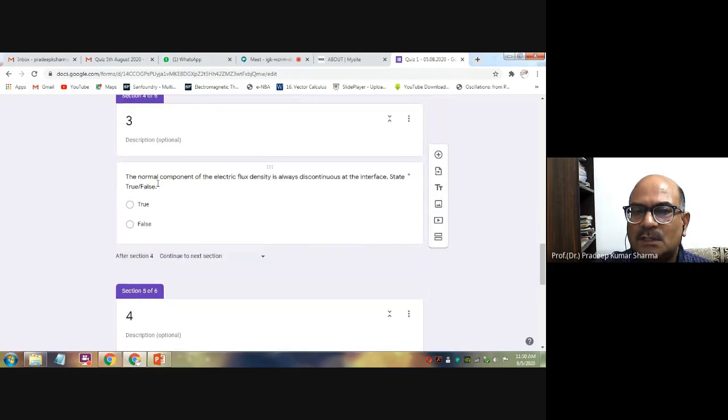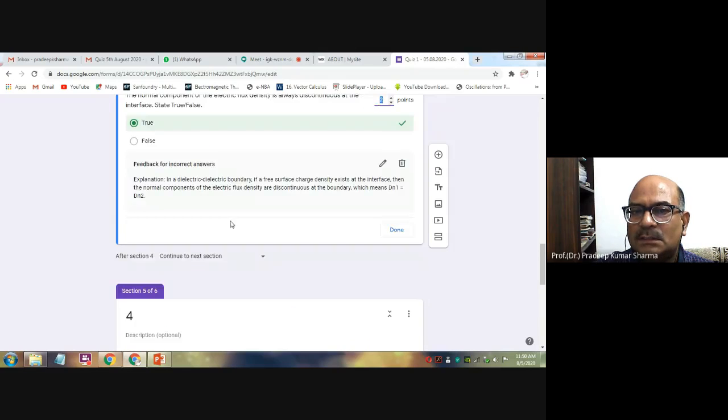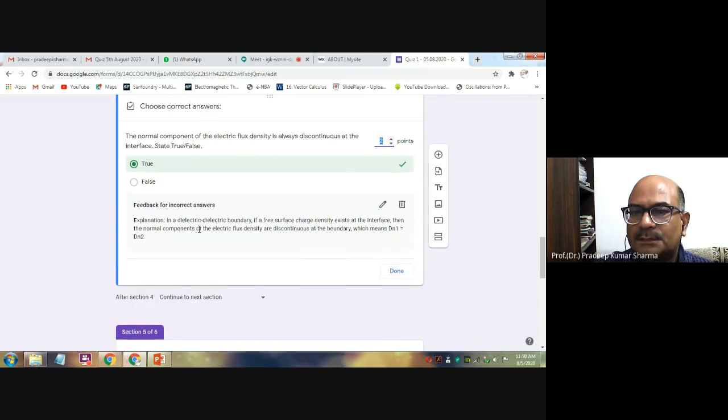The third one says the normal component of electric flux density is always discontinuous at the interface. So when you see the explanation here, in a dielectric boundary, at the surface of the dielectric material, if a free surface charge density exists at the interface, then the normal components are always discontinuous.